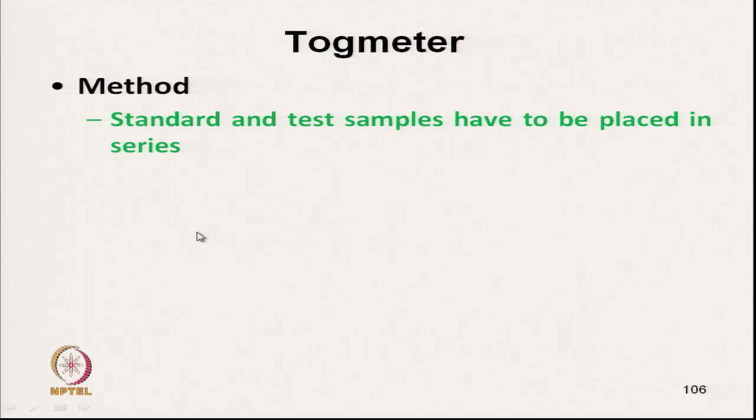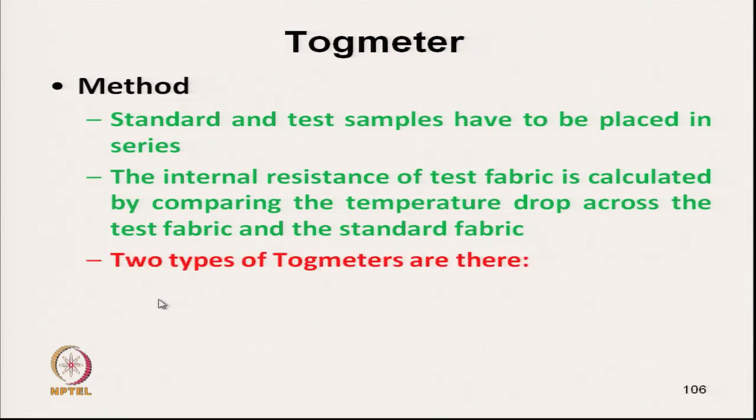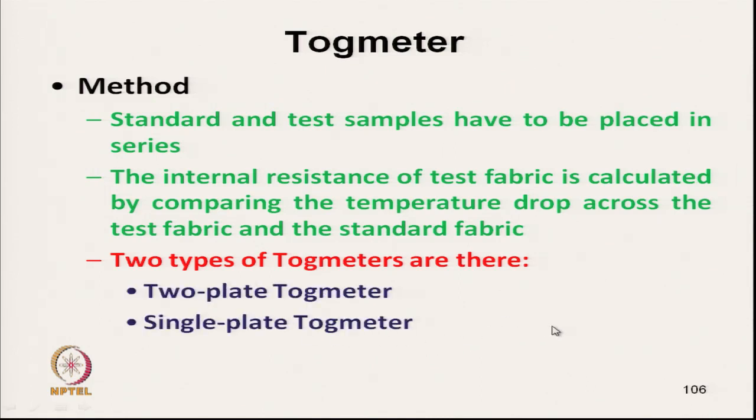As I have mentioned, the internal resistance of the test fabric is calculated by comparing the temperature drop across the test fabric and the standard fabric, or in this case we can use the standard plate.